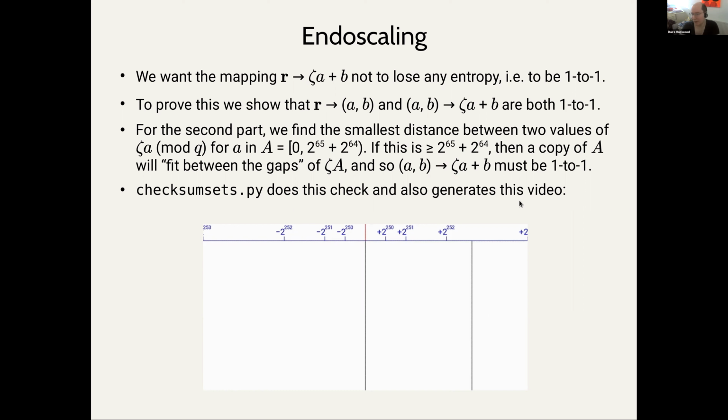So basically, I wrote a program to check this for any particular curve. It also generates a video while it's checking it. So what this is, we're zooming in on the 0 value.